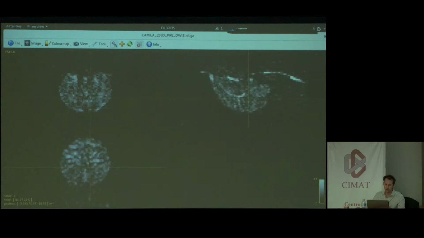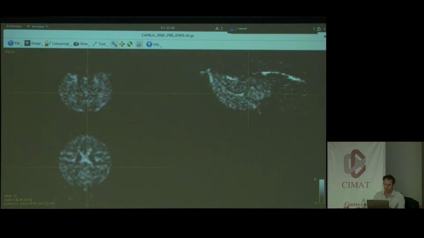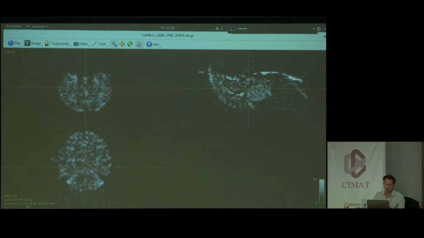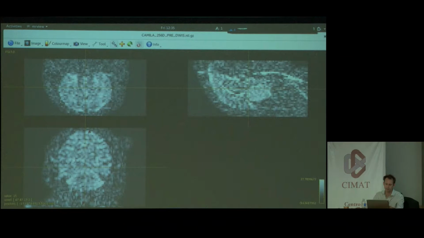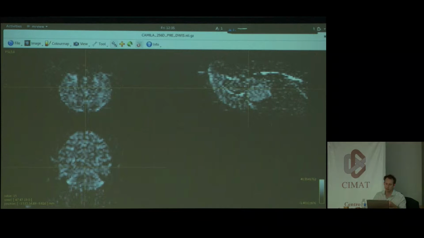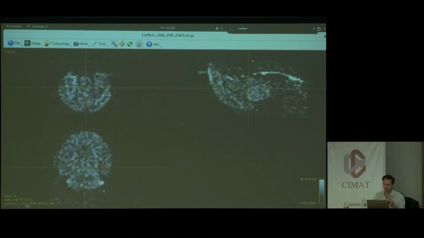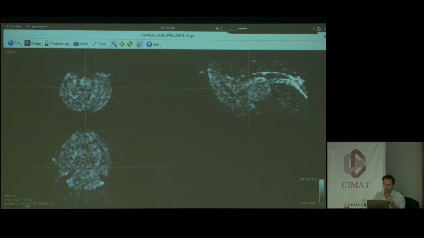Okay, so this is fairly classic Philips data. You can see that the reconstruction has masked out the outside, and that's to help boost the SNR inside. It can be a problem for getting a mask from the images. And I think FSL can struggle with it as well as MRtrix sometimes.